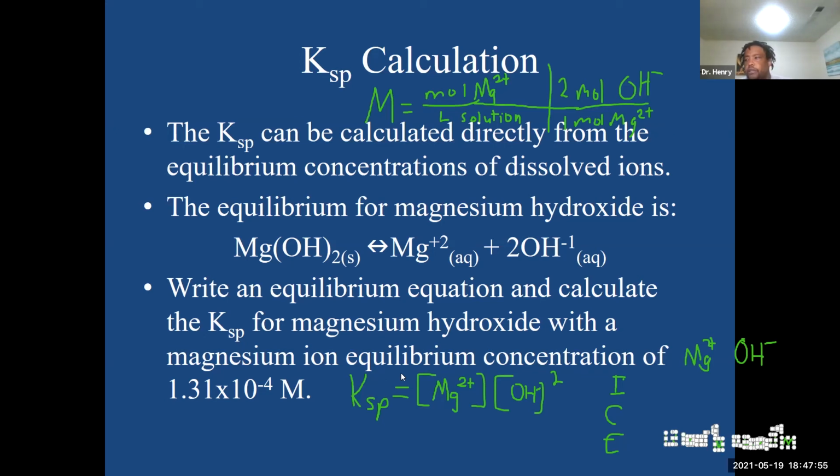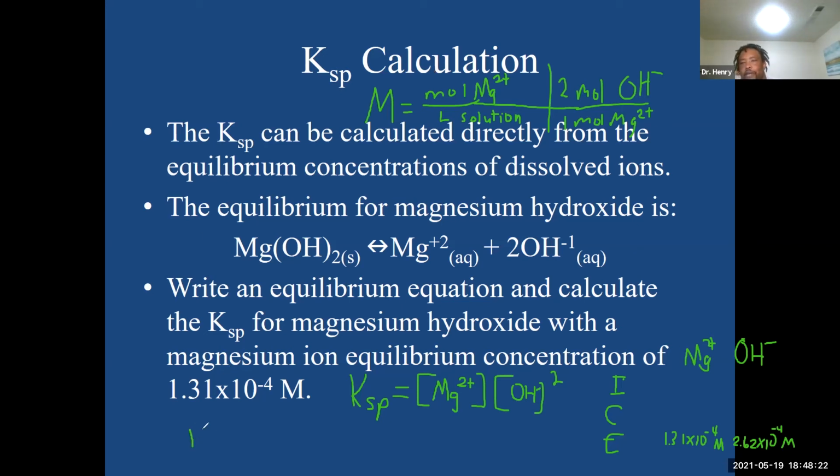So by default, because when this guy gets to equilibrium, it's going to also make the hydroxide, but it's going to make twice the amount of hydroxide that it's going to make of the magnesium ion. So if I want to solve for my Ka, now all I need to do is plug it in, right? I mean, not my Ka, my KSP. All I have to do is plug it in.